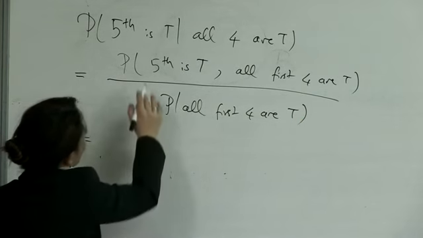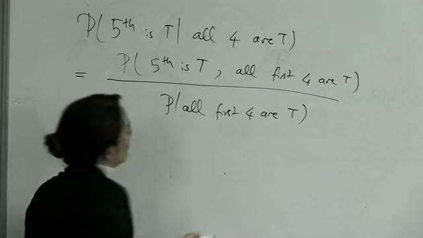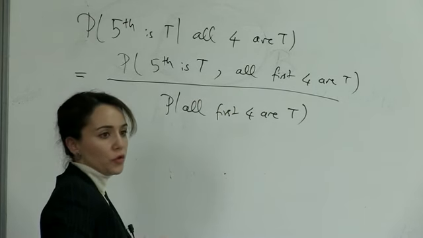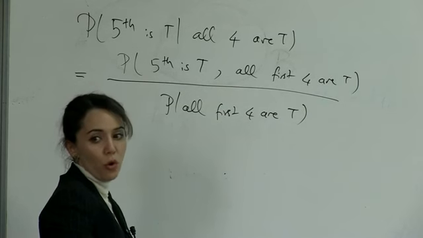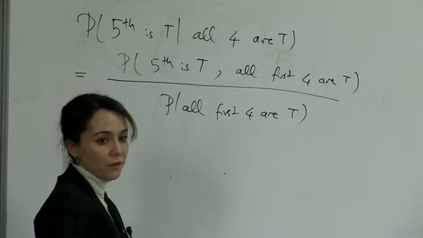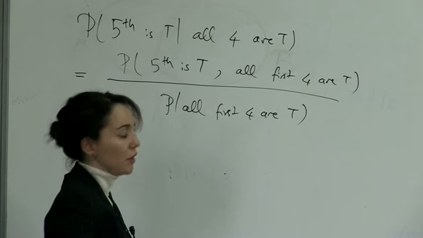Now, what is this event? The first 4 are tails and the fifth is tails. This is all first 5 tosses are tails.